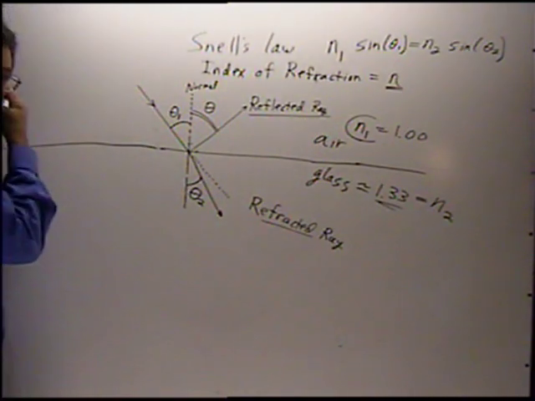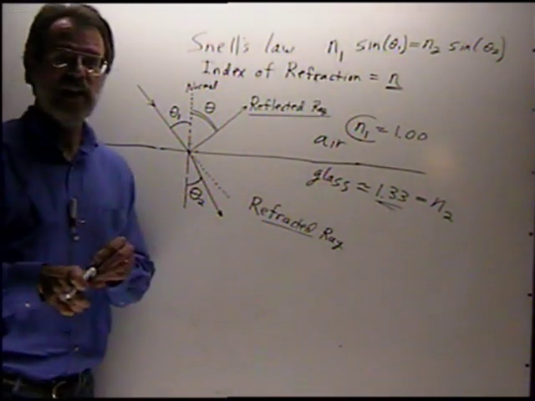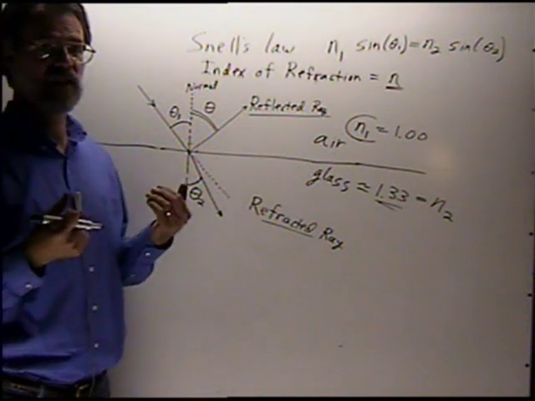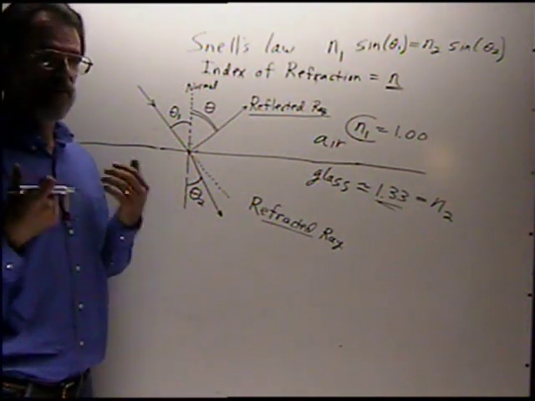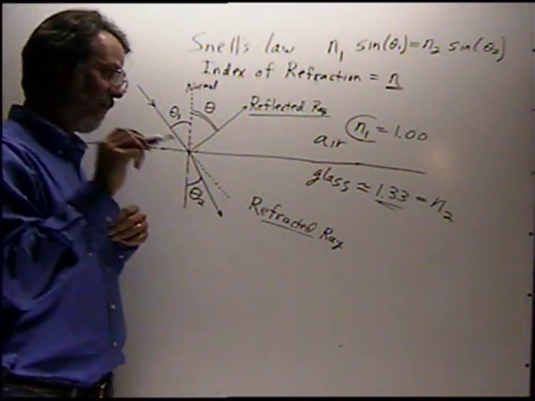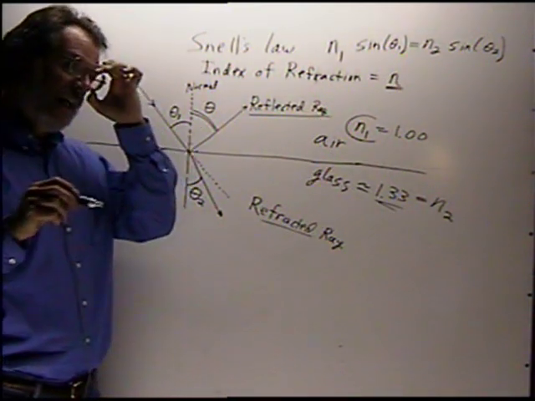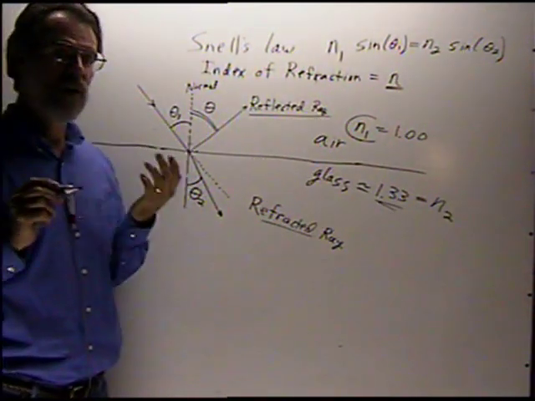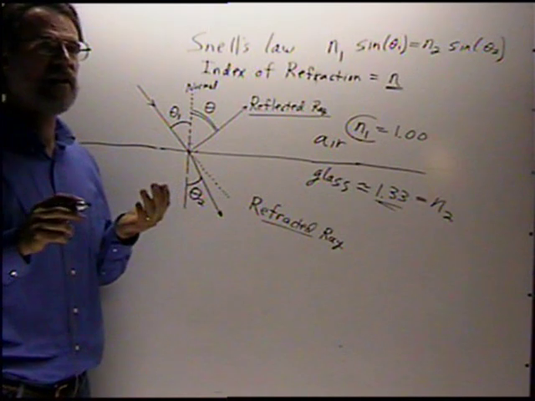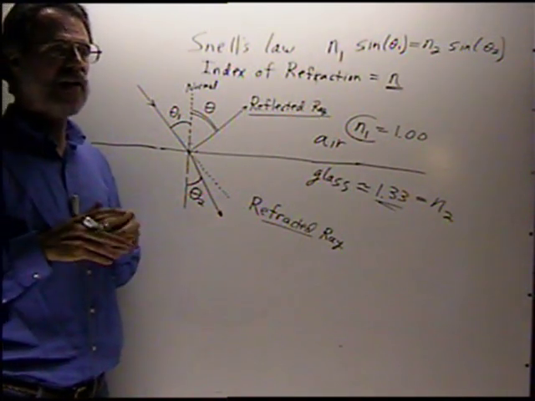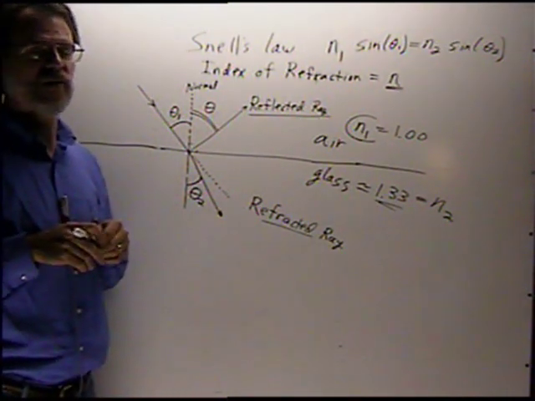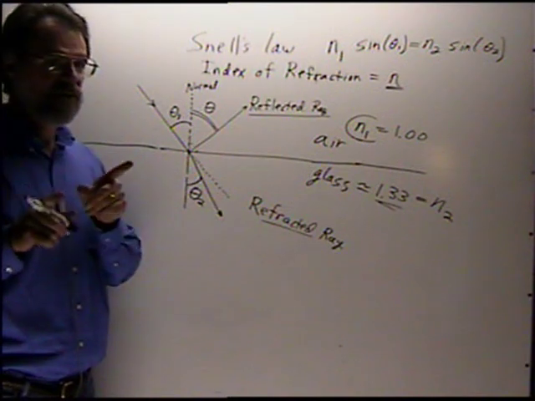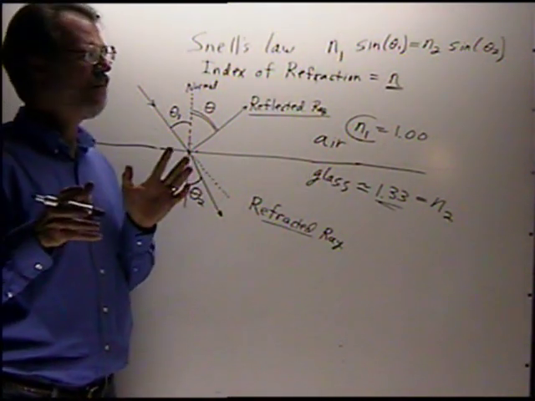Initially, we've talked about the idea of light rays being particles, or light rays. We even talk about it as a light ray, but actually we also have wave phenomena.